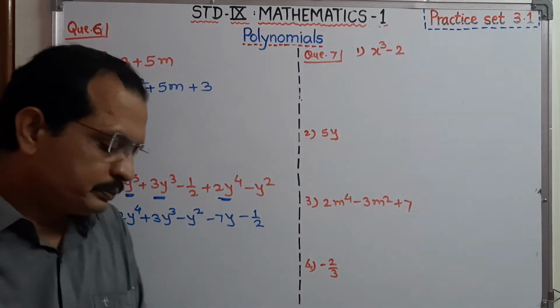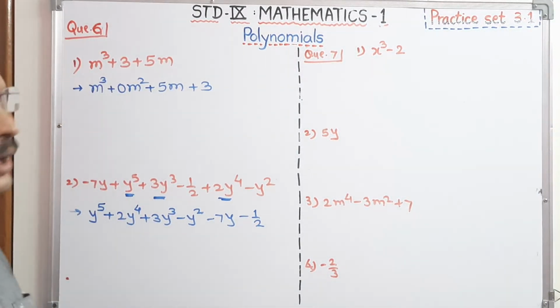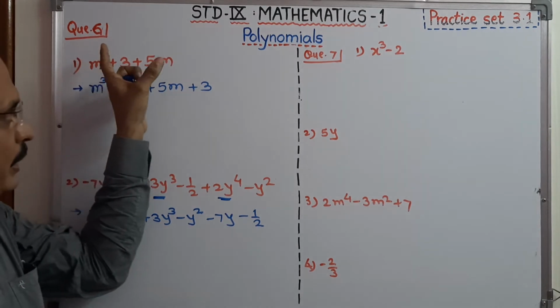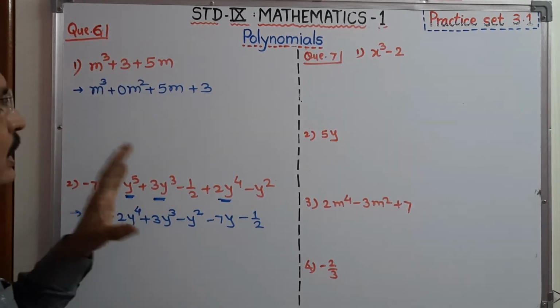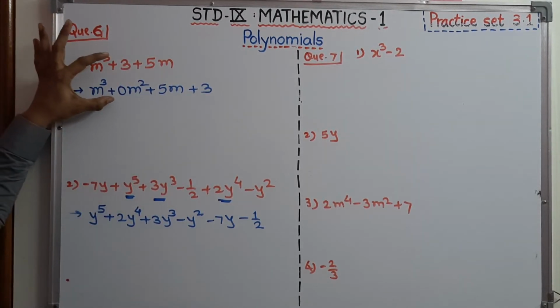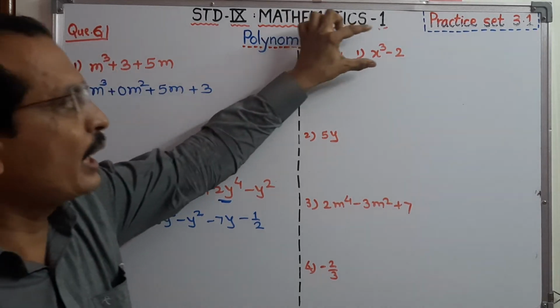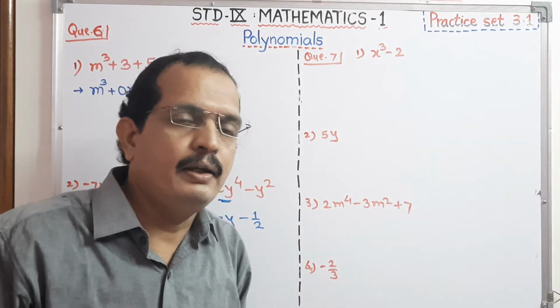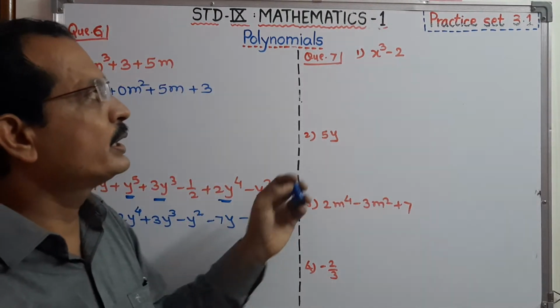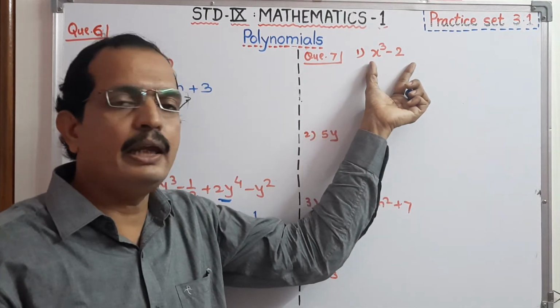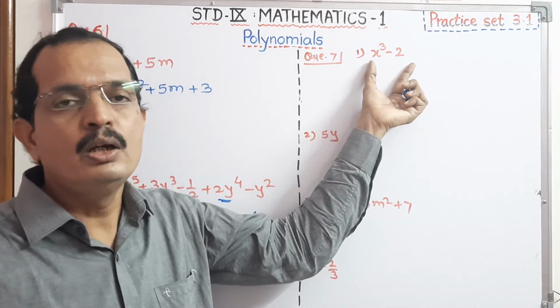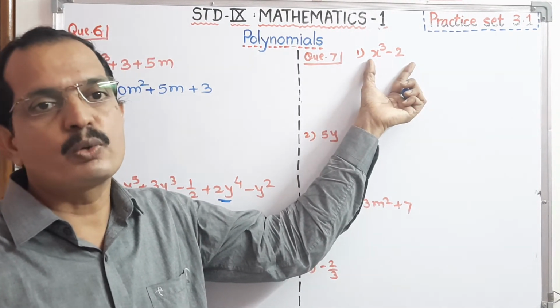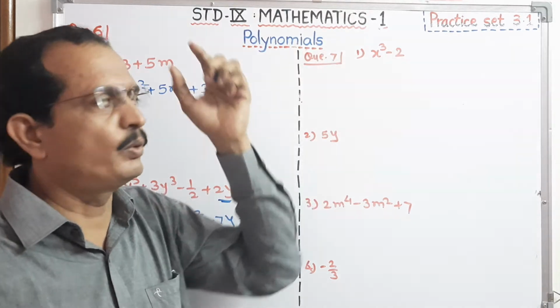Dear student, see here. In question number 6, we learned how to write in standard form. Now we have to write these polynomials in coefficient form. I have already explained that while writing any polynomial in coefficient form, first of all we have to write it in standard form.